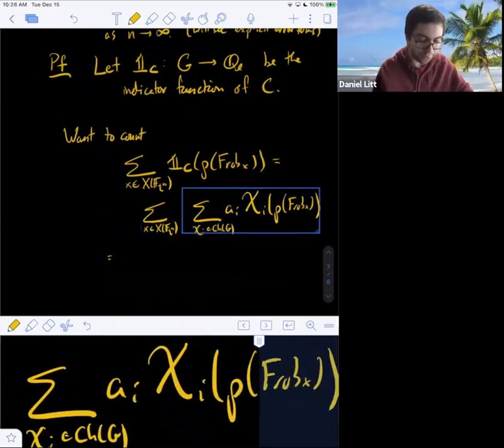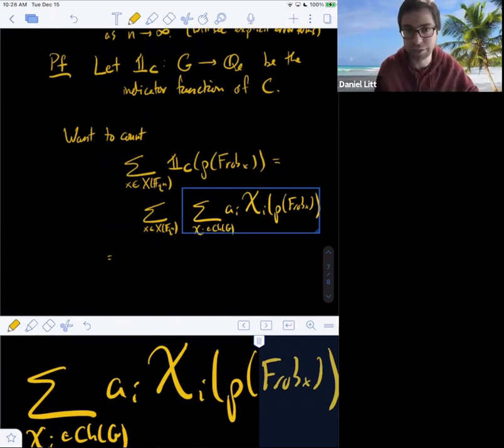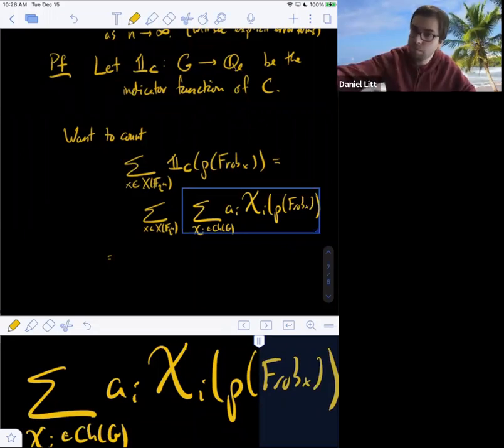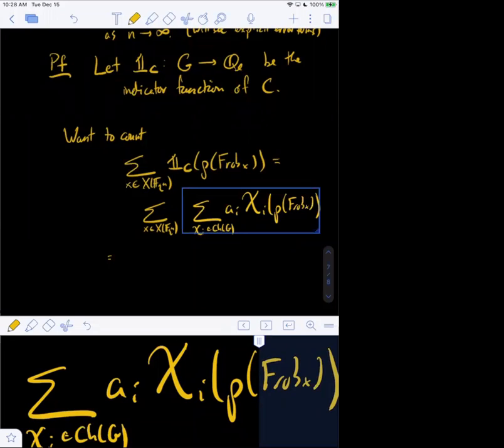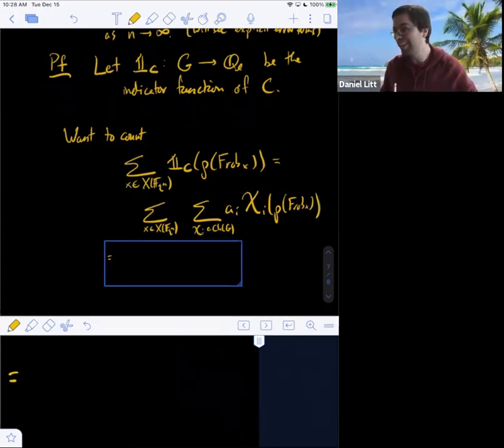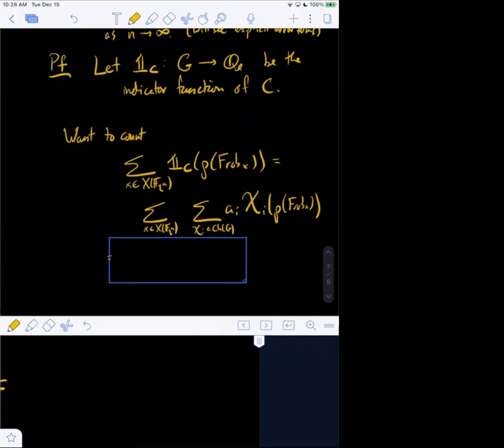So can anyone tell me what the coefficient a_I of a character here should be? How do you rewrite the indicator function of a conjugacy class in terms of characters of a group? Well, you could apply the characters and use orthogonality relations. Yeah. What exactly is the formula you get? It should be the sum over characters, divided by the size of the group. Yeah.